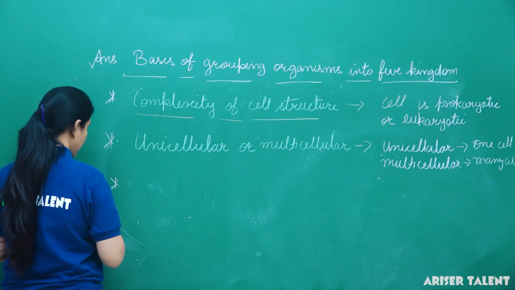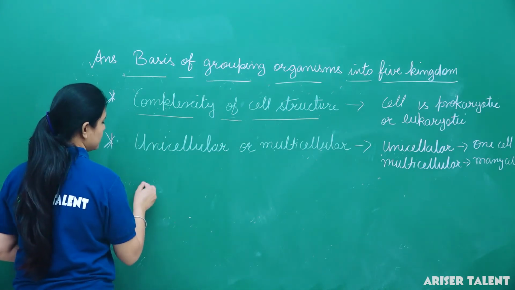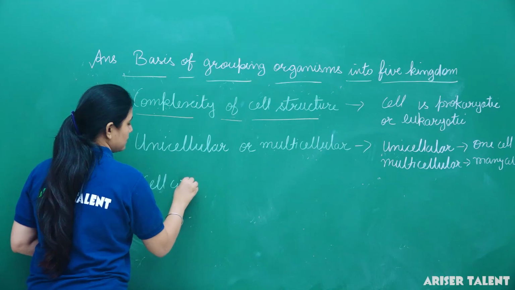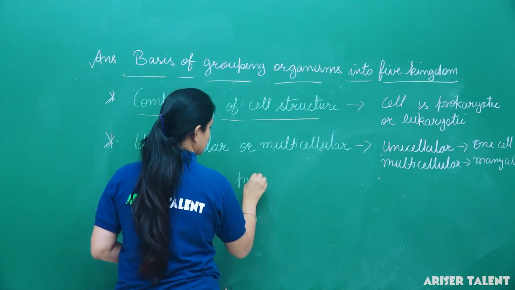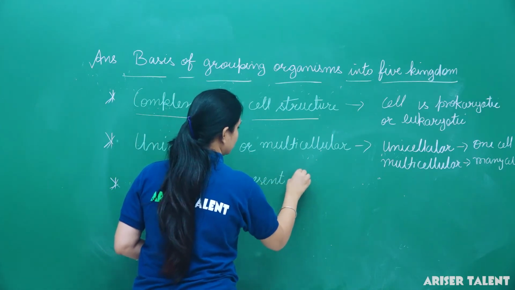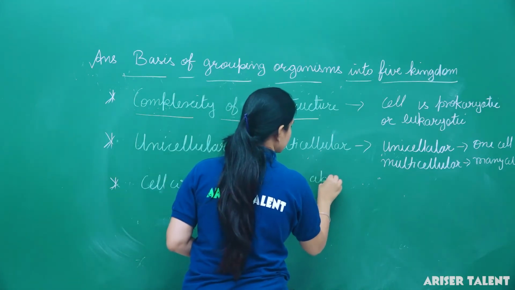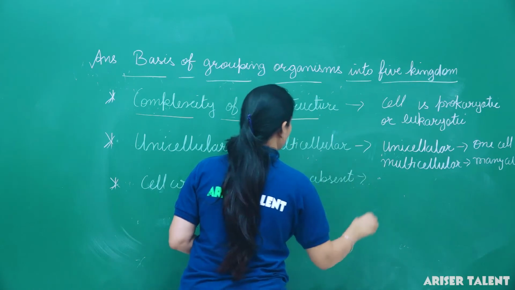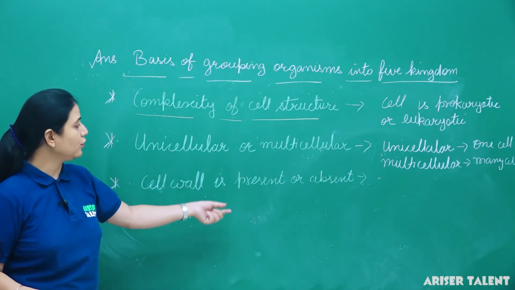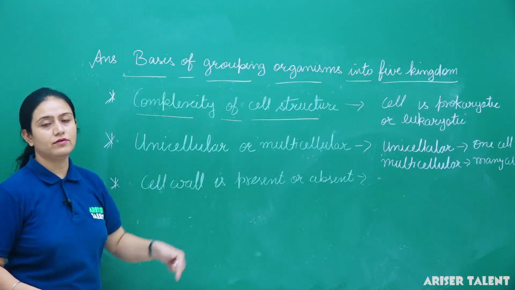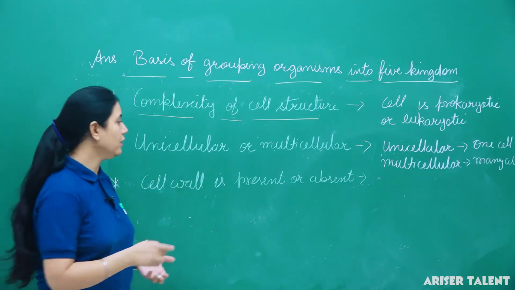Next is whether the cell wall is present or absent. If the cell wall is present, then they were kept in the Plantae group. If the cell wall is absent, then they were kept in the Animalia group.